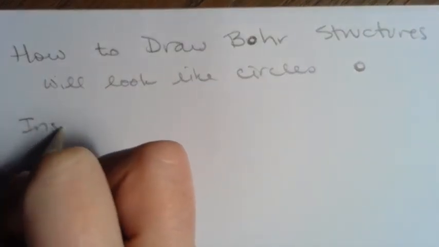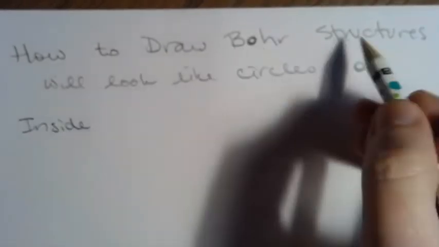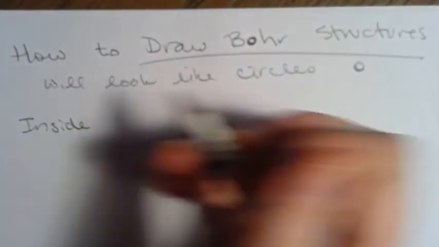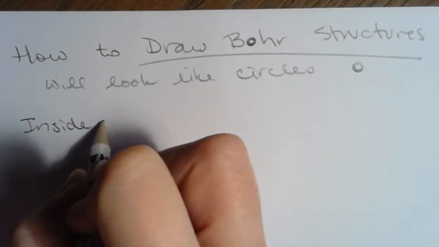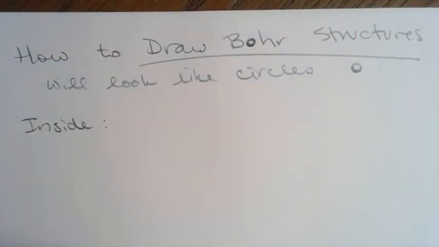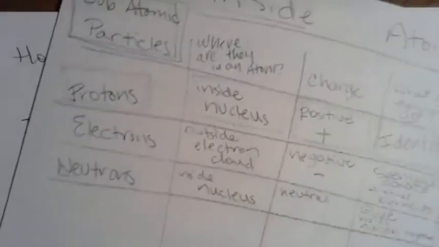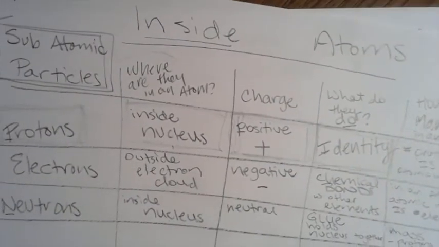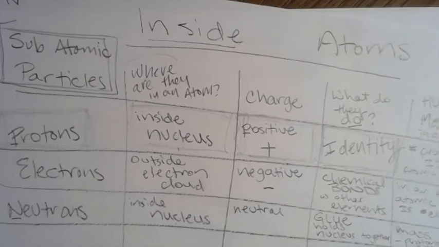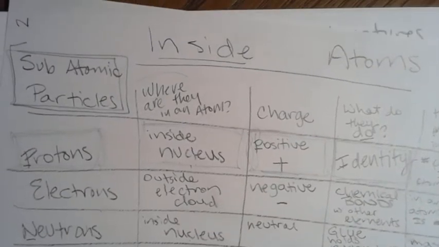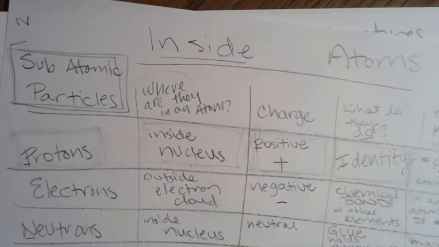The inside of a Bohr structure contains the particles that are on the very inside of the atom. So look at your particles table from yesterday, and your question is, which particles are in the very inside center dense little part of the atom?